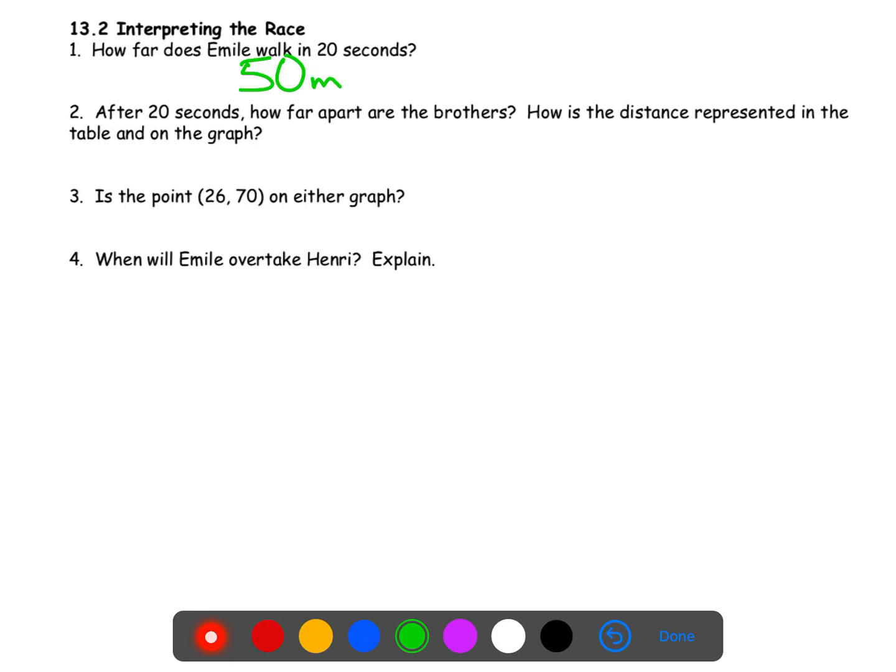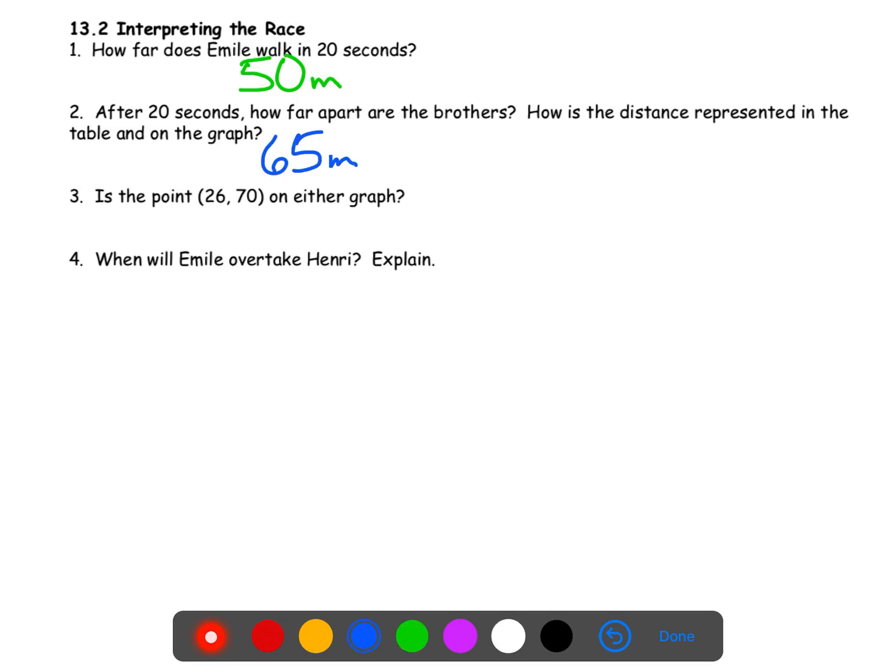After 20 seconds, how far apart are the brothers? How is the distance represented in the table and on the graph? So I could look at the table at 20 seconds time. We said Emil was at 50 meters and his brother Henry is at 65 meters.